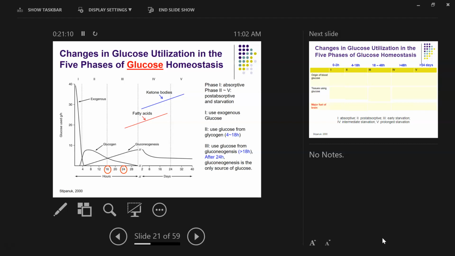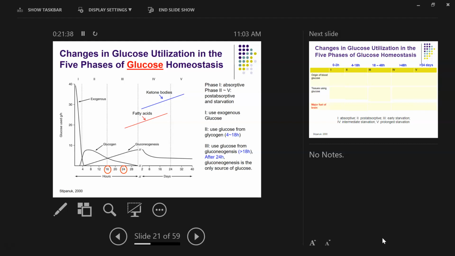And after 18 hours, we don't have a glycogen store anymore. We use all of the glycogen. So gluconeogenesis then becomes an important source of glucose. So after 24 hours, gluconeogenesis is the only source of glucose for our body.